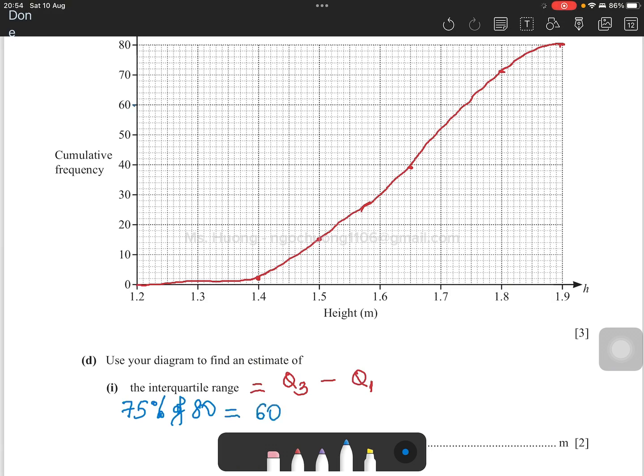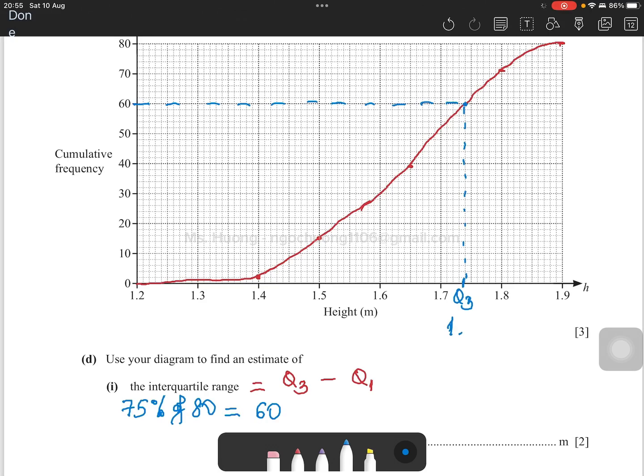So we start from 60 children. We move to the right and we touch this point. Then we move down to find the upper quartile. Here it is, Q3. The upper quartile is 1.74.